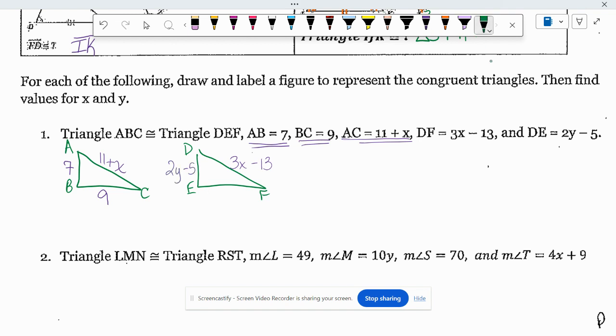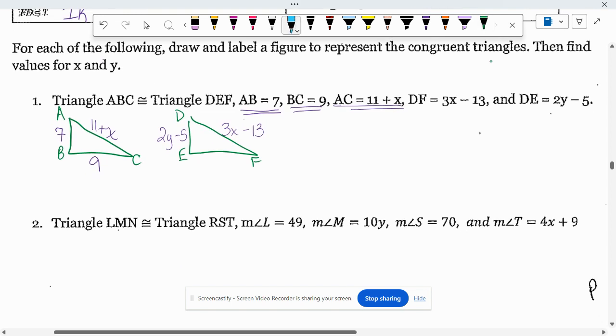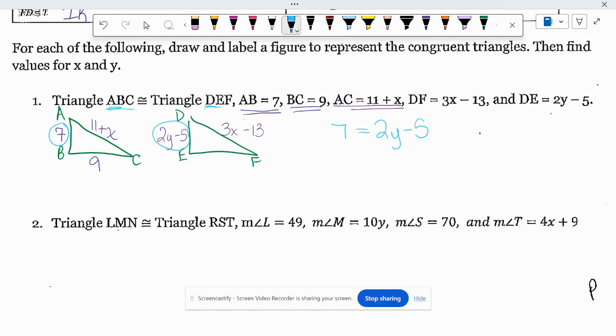We have to solve for x and y. Well, segment AB has to be congruent to segment DE because AB and DE are named that way, right? So 7 equals 2y minus 5. So I'm going to add 5 to both sides. That gives me 12 equals 2y, which means 6 equals y.